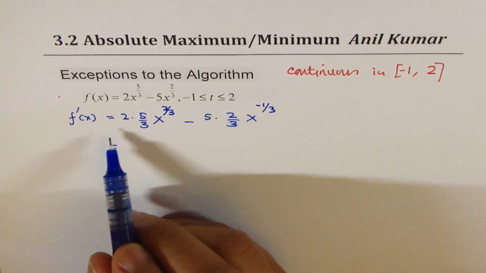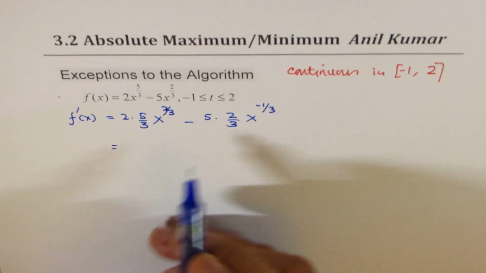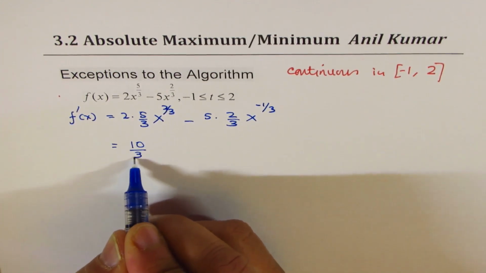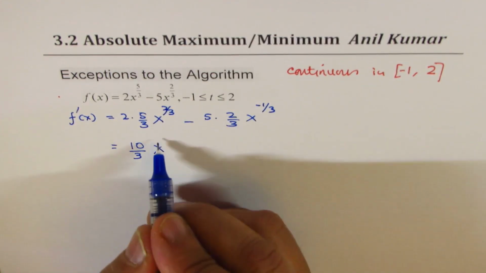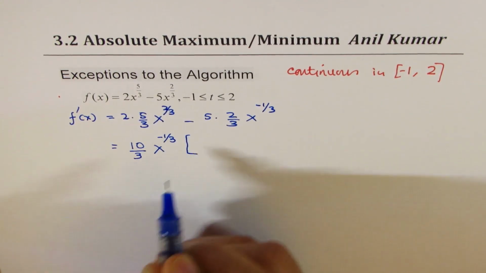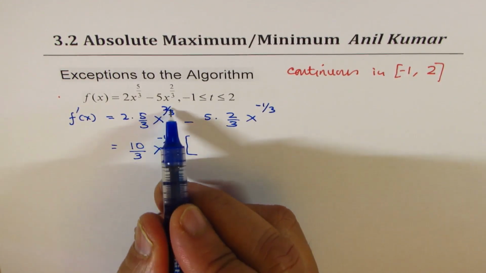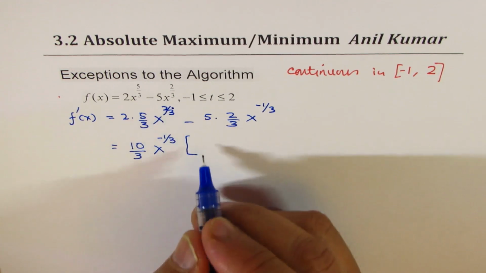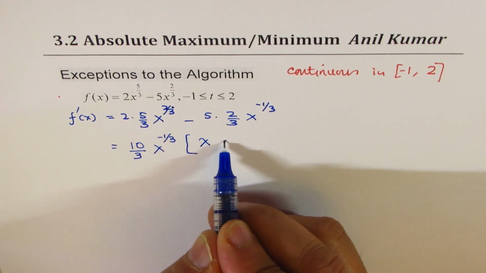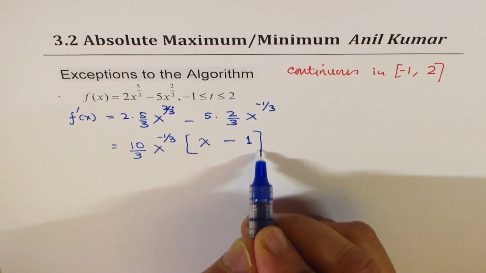Now we can actually take 10 over 3 common. X to the power of minus 1 over 3 also we can take common. We are left with, when I add 1 over 3 here, I get 3 over 3, which is x, and here we get minus 1, correct?